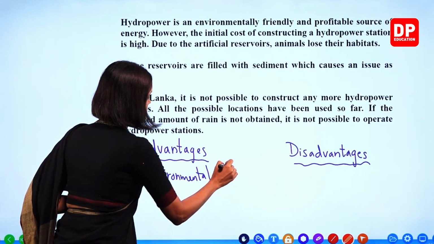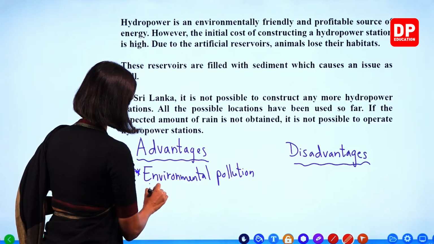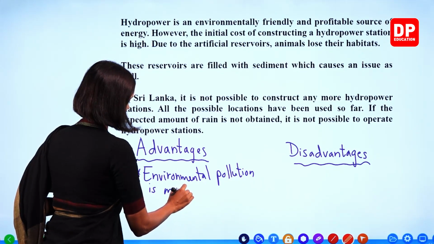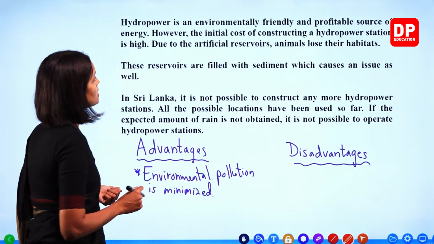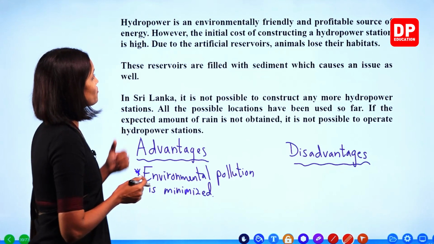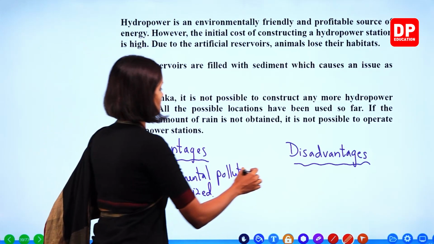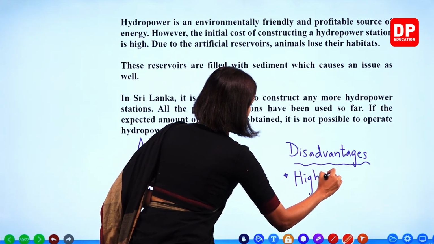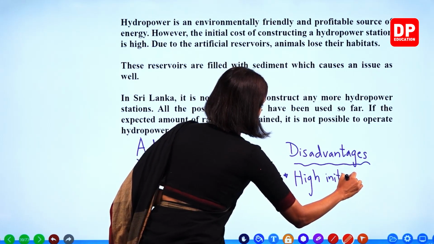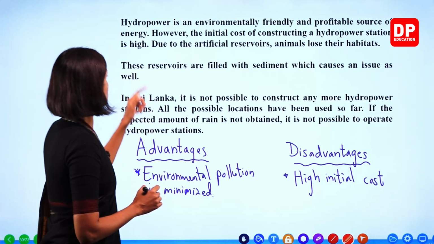Profitable source of energy. However, the initial cost is high. High initial cost.